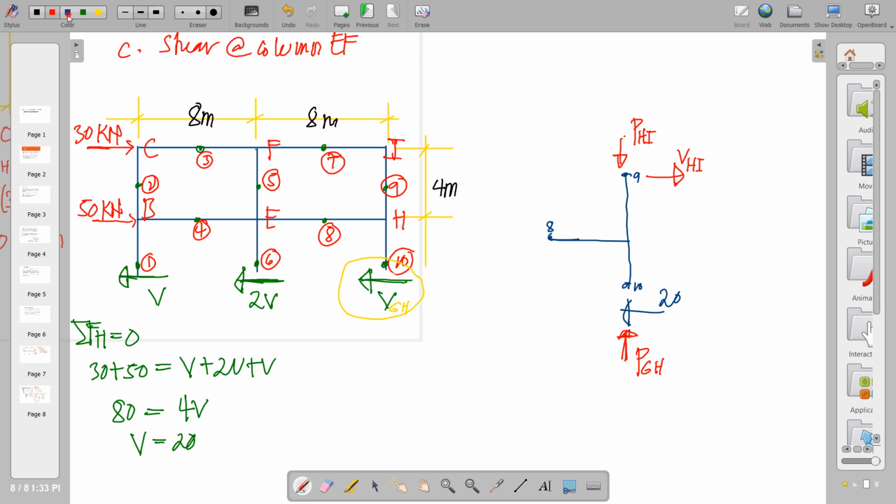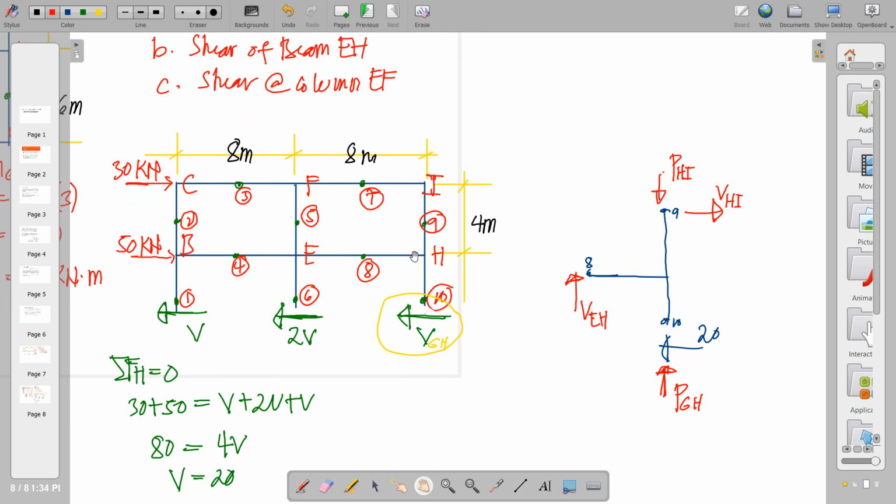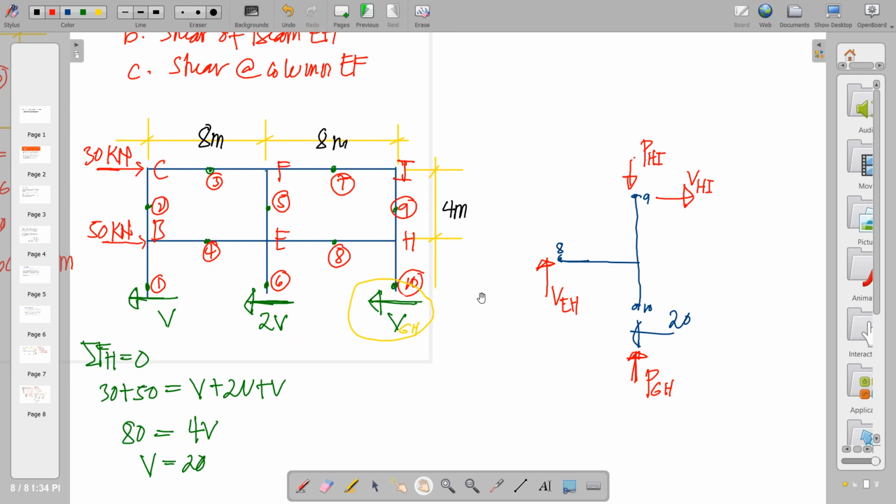Okay, from that we will also have here the shear at beam EH. Okay, here it is. And we should also have here an axial force on EH.